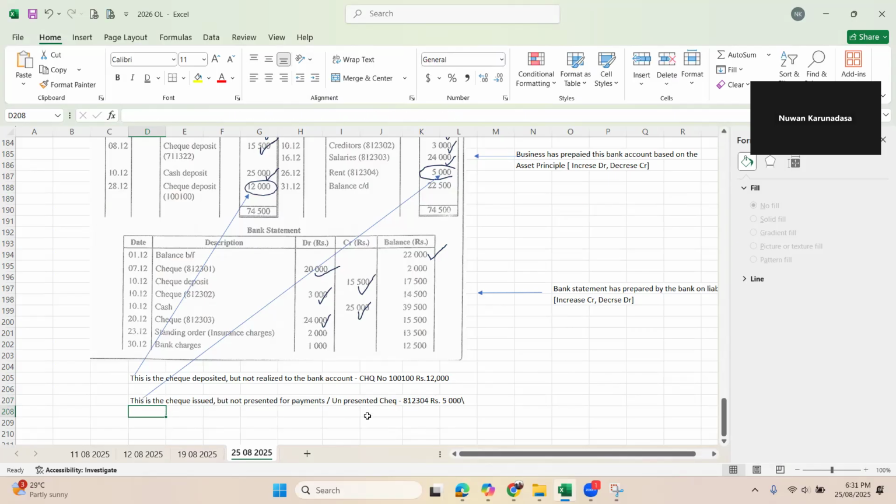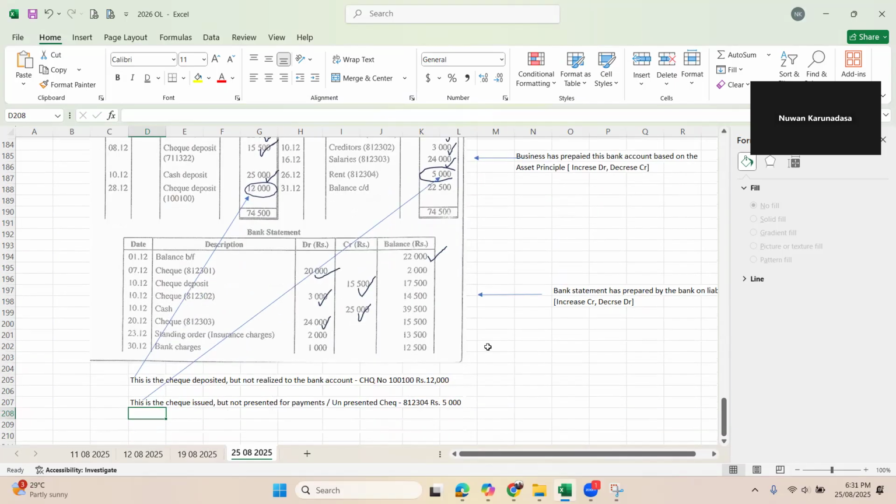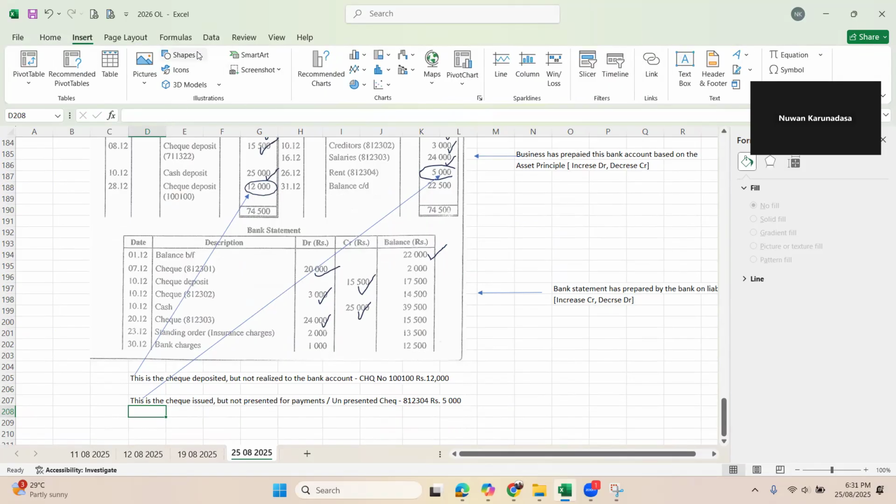Very good. So we have cross-checked the cash book. All the things were ticked, all the things were circled, it's done. Now, if you go to the statement, there are two payments that have not been ticked: 2,000 and 1,000. Those two will be the omissions in the cash book.